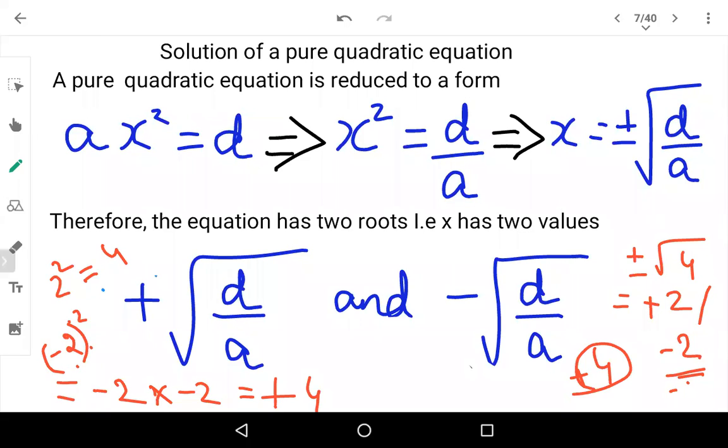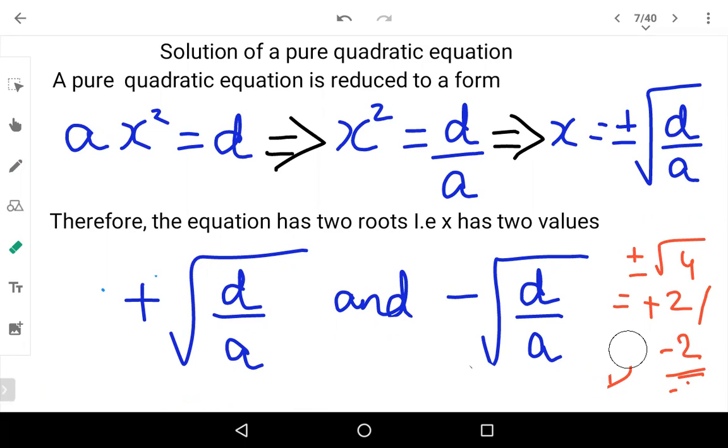This is very important to understand. So plus or minus square root of d by a simply means two roots: plus square root of d by a, and minus square root of d by a. Let me erase all this and we will go further.